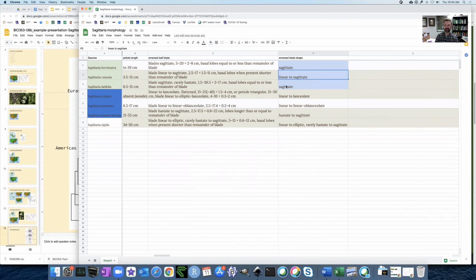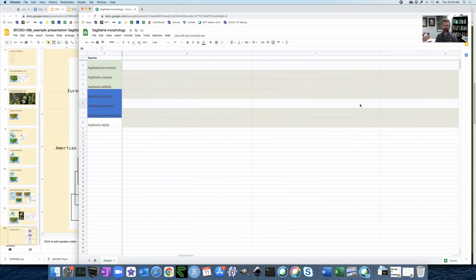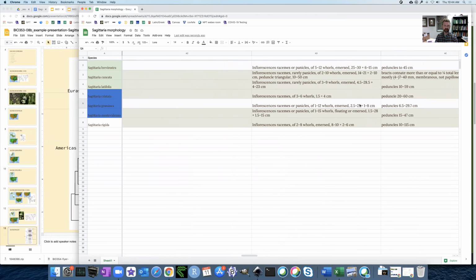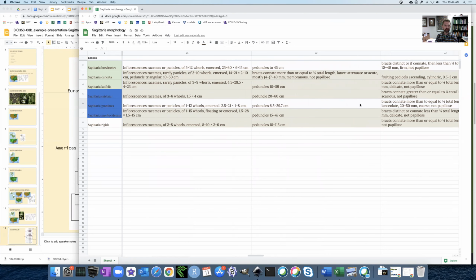So sagittate is a possibility for all the species in that group, but also linear to sagittate. And then a couple down here in other groups have the possibility of having sagittate leaves as well. So sagittate is that arrowhead shape. Inflorescences, racemes or panicles, 1 to 15. Yeah, big ranges of values. Nothing's jumping out at me.